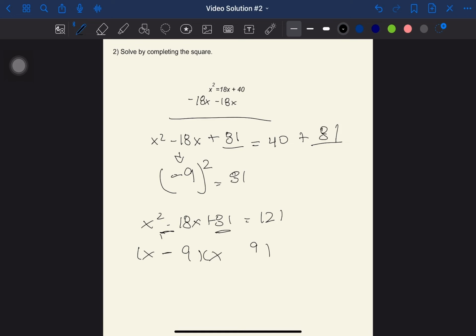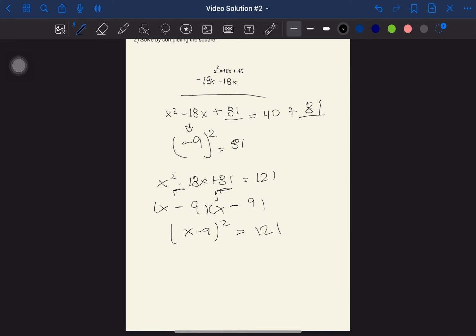So we would put a negative here because negative 9 times negative 9 gives us positive 81, and then negative 9 plus negative 9 gives us negative 18. So now we can rewrite this as x minus 9 squared is equal to 121.